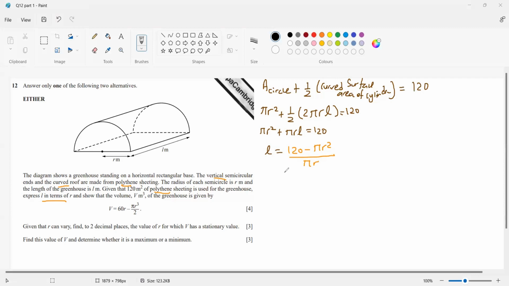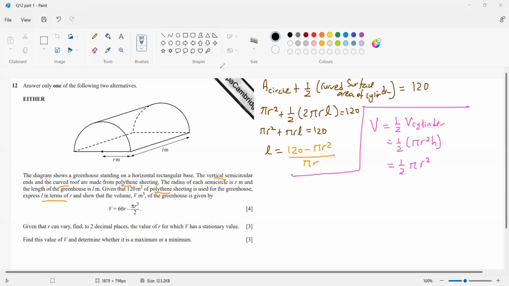And then the volume of the greenhouse. The volume of the greenhouse means it's a half cylinder. So volume equals half of the volume of a cylinder. The volume of a cylinder formula is pi r squared h, so half of that is half pi r squared.